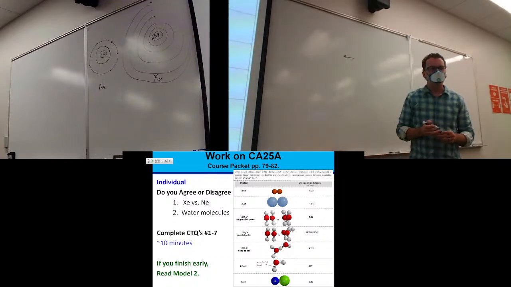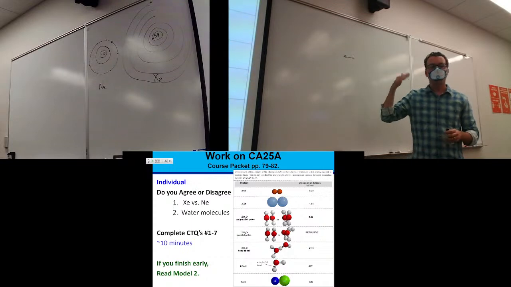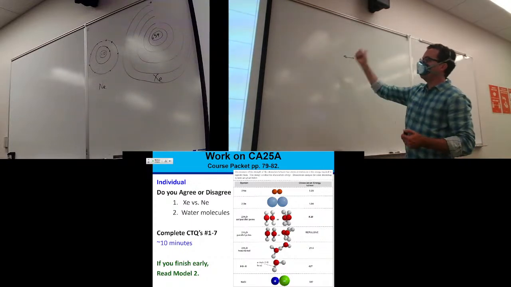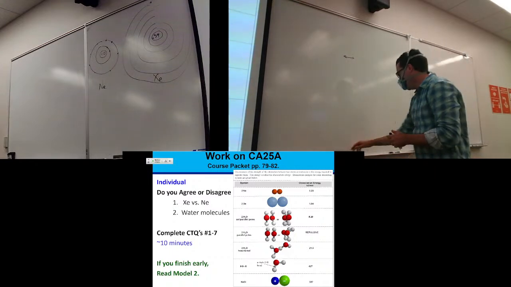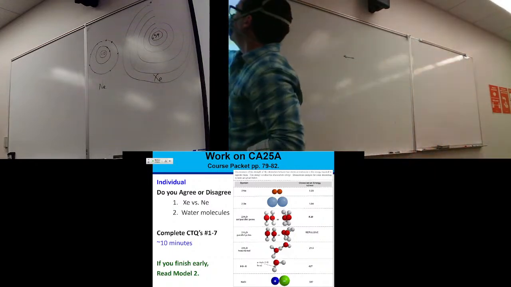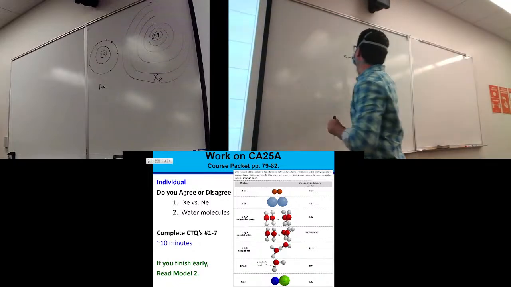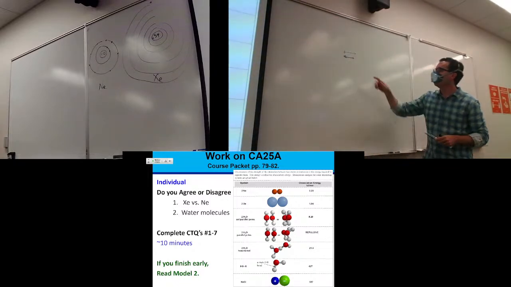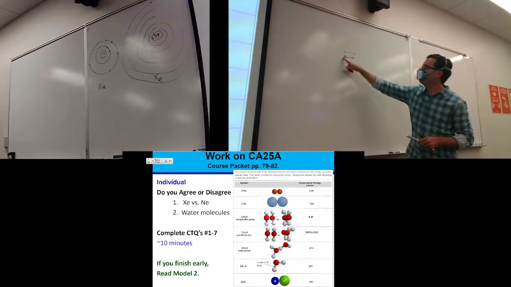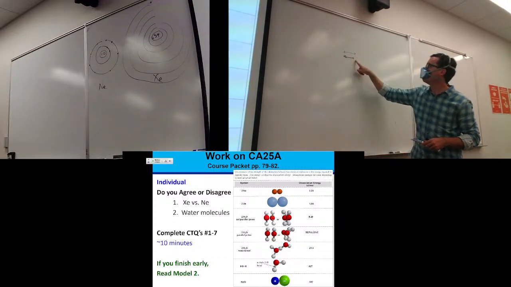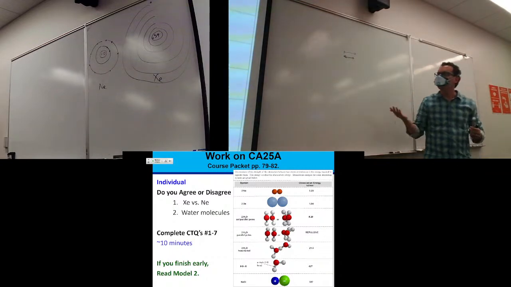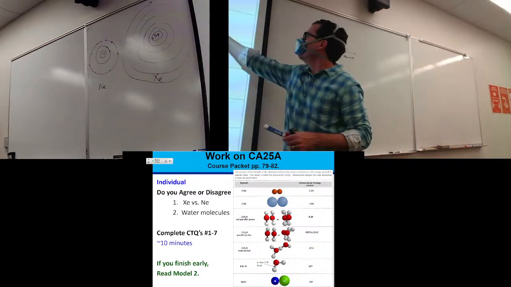The arrow points to the partial negative side. It's pointing towards the most electronegative element, which is the oxygen. And the tail end is towards the hydrogens. Above that is this molecule here on top, and it's going the opposite direction. So there's a dipole moment going that way. And if you think about this, negative is next to positive, negative is next to positive. That's fine, opposites attract. And that's why there is an attraction.